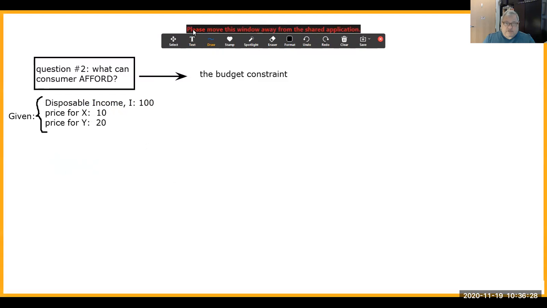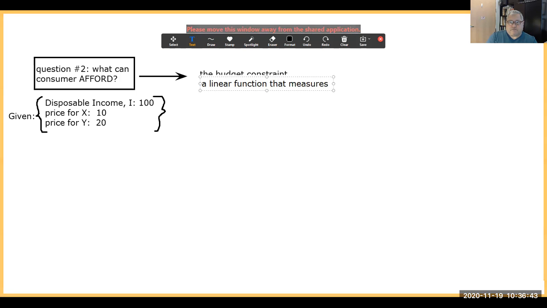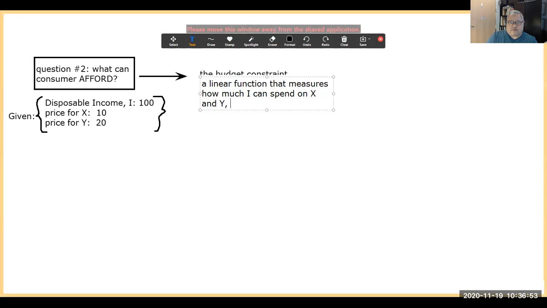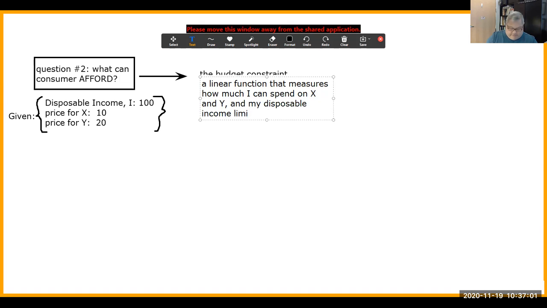And so how do I build a budget constraint? Essentially, a budget constraint is a line, a linear function that measures how much I can spend on the X and Y, and my income limitation, my disposable income.